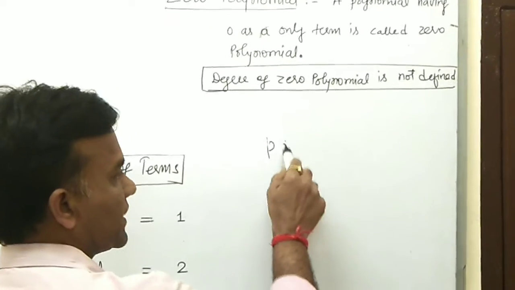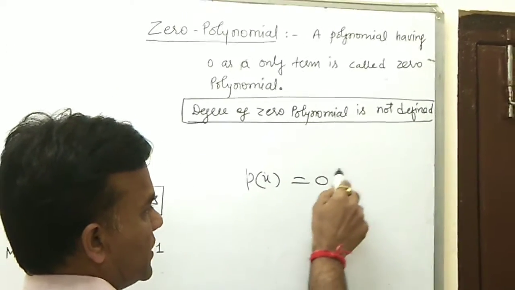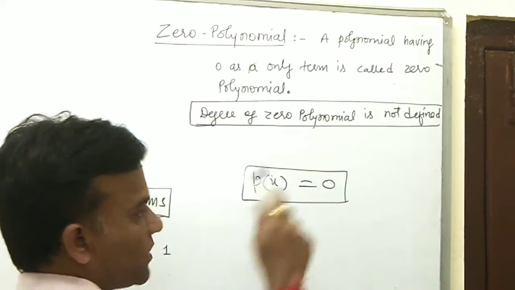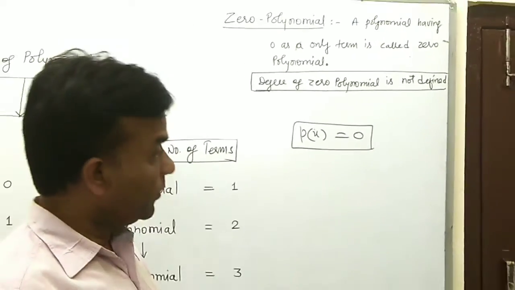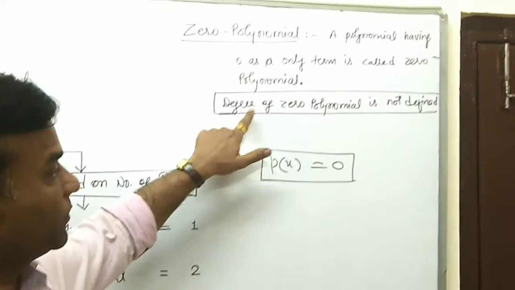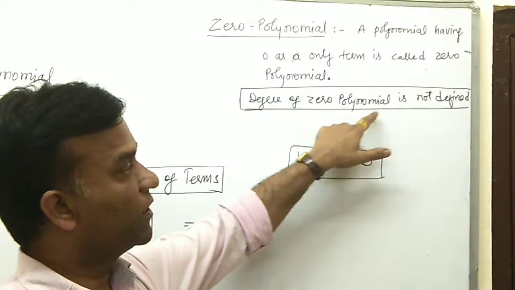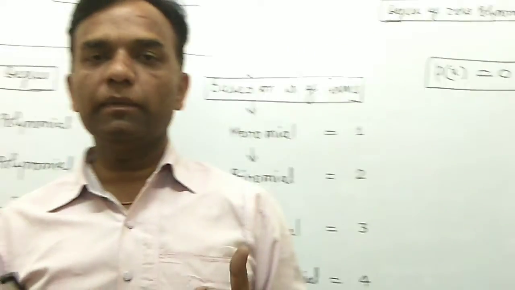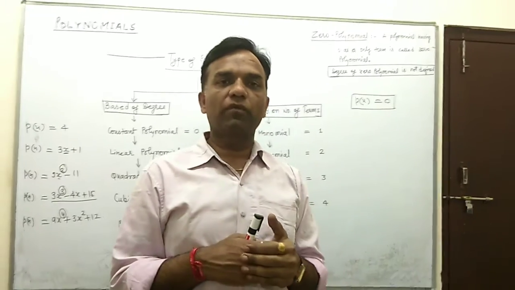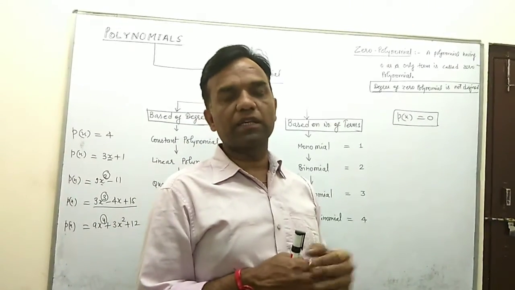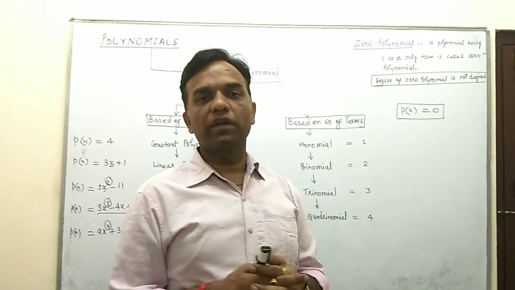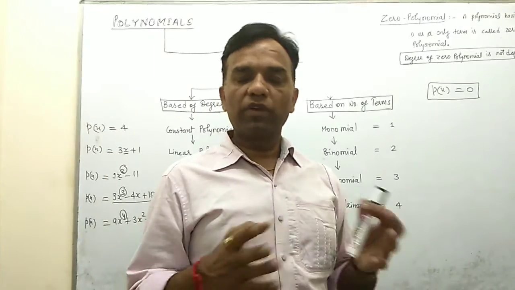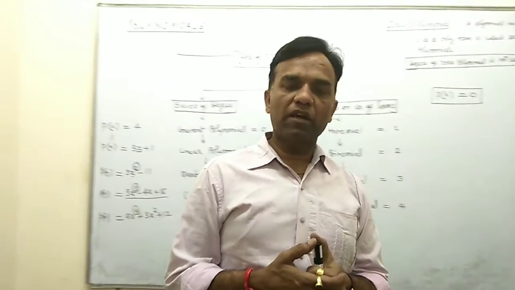Since 0 is given there, it is called the zero polynomial, and therefore the degree of the zero polynomial is not defined. Maybe in an MCQ question, you are asked to write the degree of the zero polynomial, so you write that the degree of the zero polynomial is not defined.